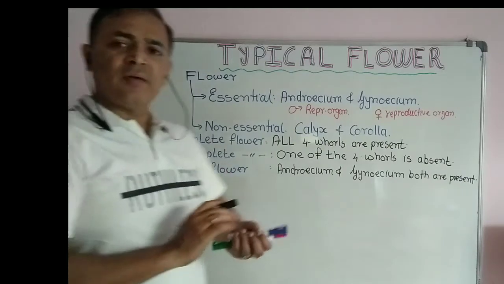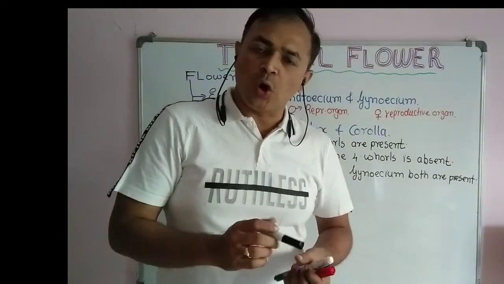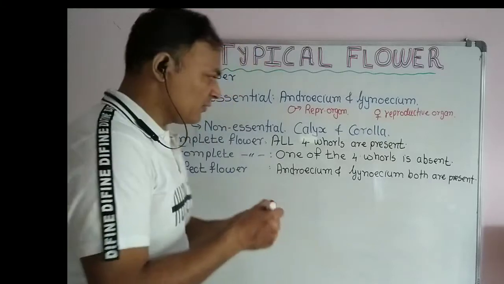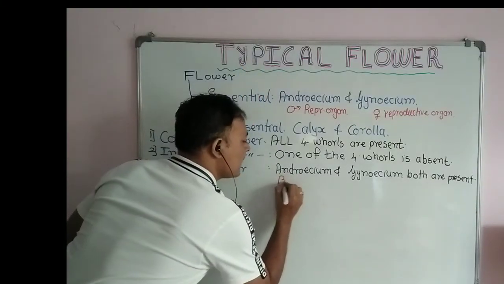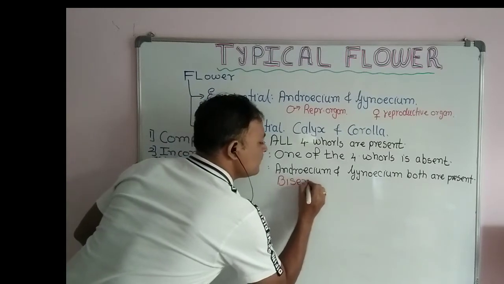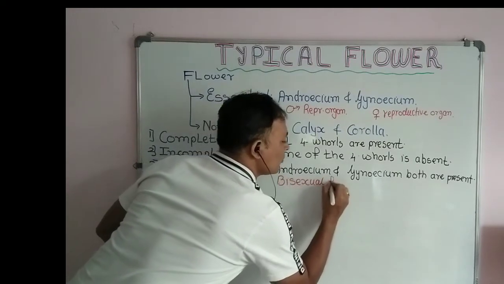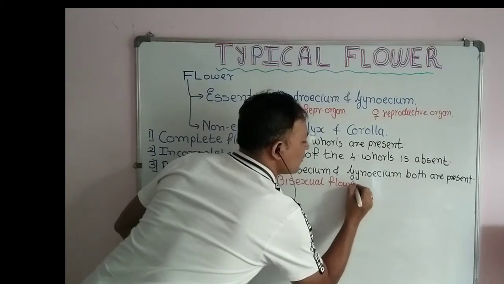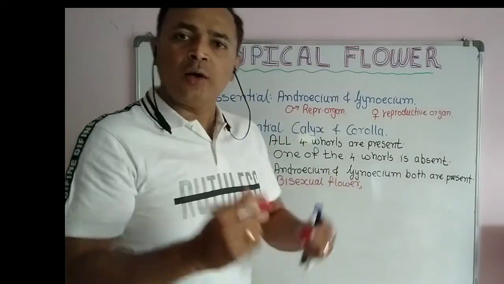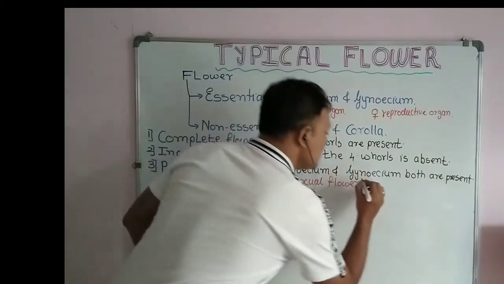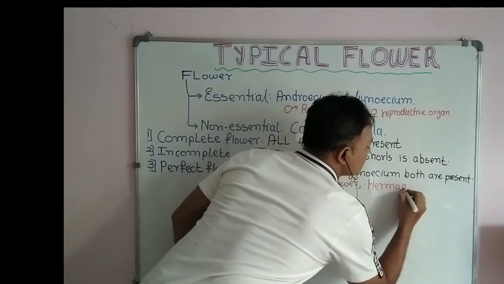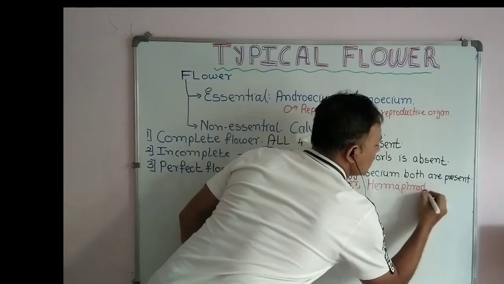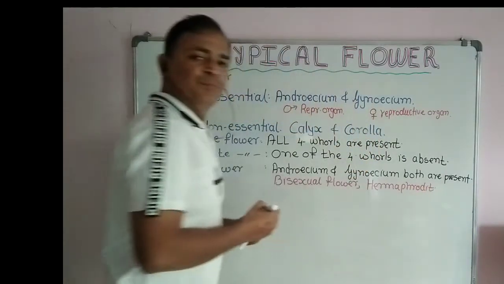Such types of flowers are also called bisexual flowers. Or they are also called hermaphrodites. Right?